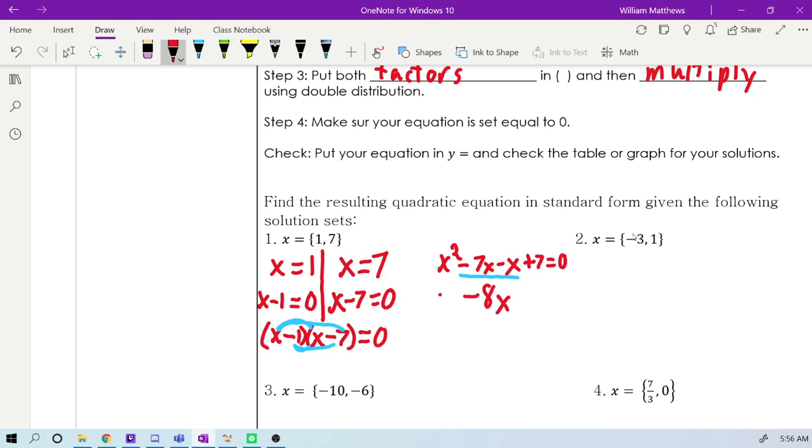We still have the x squared in our equation. We still have the plus 7. And it's still equal to 0, because this part is just simplifying the equation. And in this case, we put this in standard form.